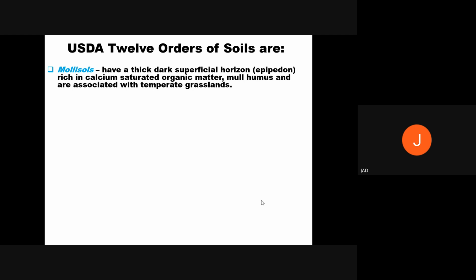And sometimes they are very rich in calcium, and then of course saturated with organic matter. So mollisols are very rich in organic matter, and are usually associated with temperate grasslands.